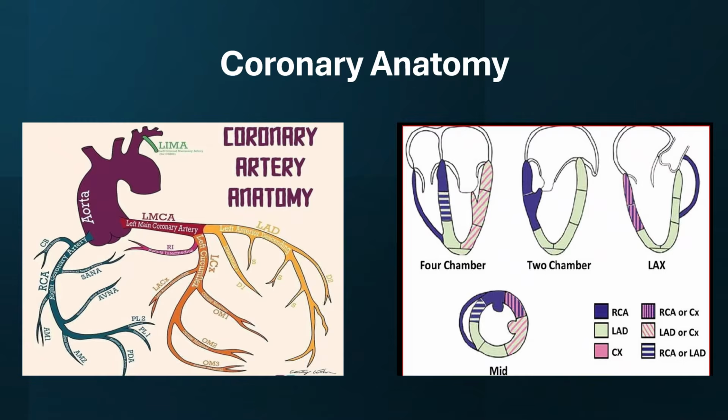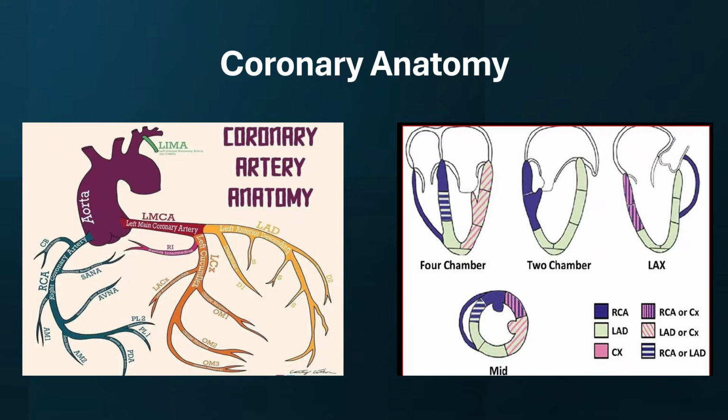Inferior septal wall is either supplied by the LAD or RCA, and the lateral walls, depending whether it is inferior lateral wall, is supplied by either RCA or circumflex, and the anterior lateral wall is either supplied by the LAD or circumflex.